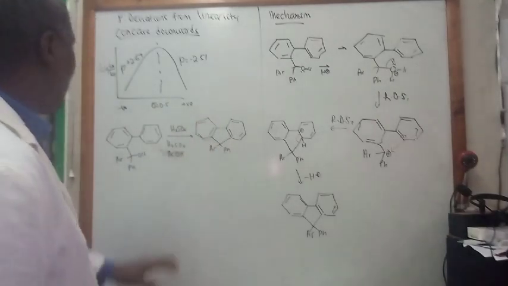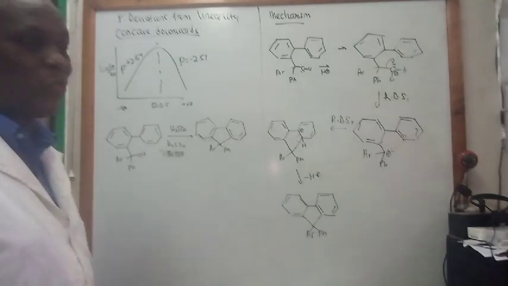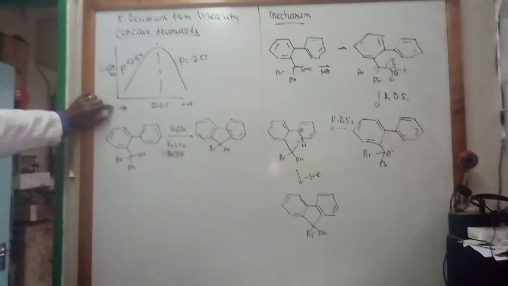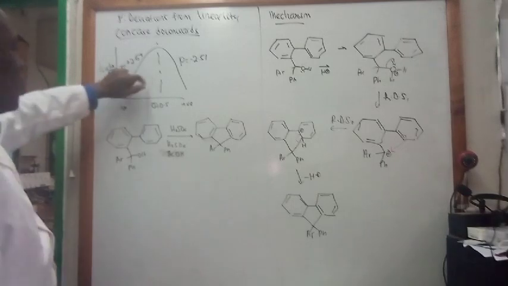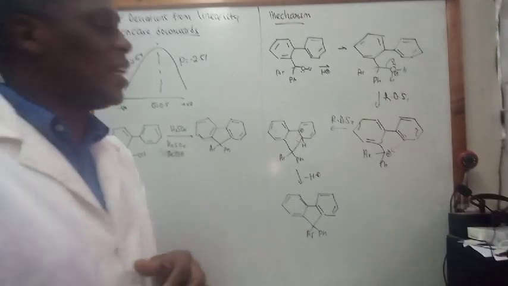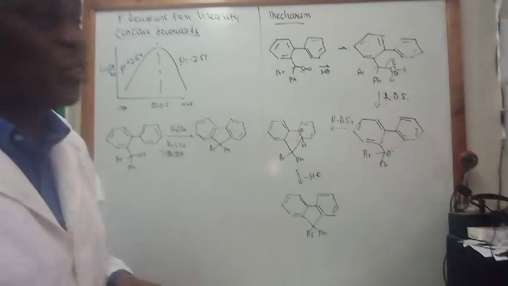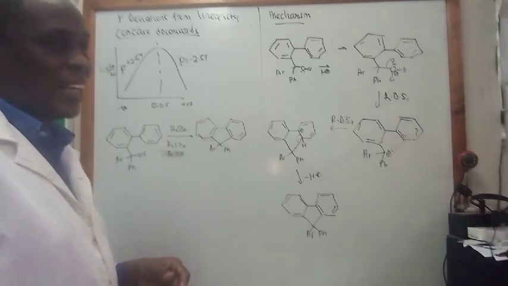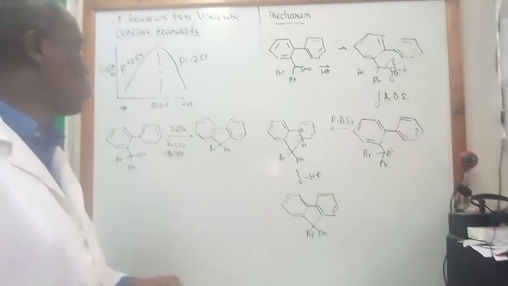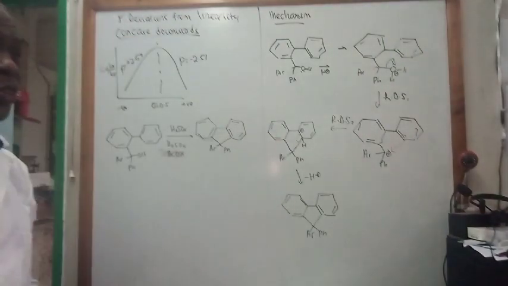So what was observed is that when there are negative rho values, you've got a very small rate, and then as you're adding the electron withdrawing groups, the rate continues to go up until a certain point, and then as you continue to put extreme electron withdrawing groups like the cyanide and the nitro group, the rate suddenly begins to go down.